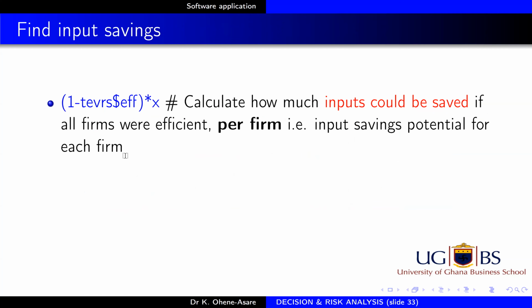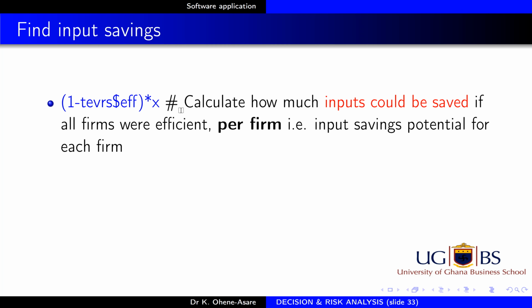Now, finally, there's one thing that R can do, and that is calculating the inputs that could be saved. Right now, we have realized that some inputs were being used that were not supposed to be used. But if all the firms were efficient, how much input could be saved?